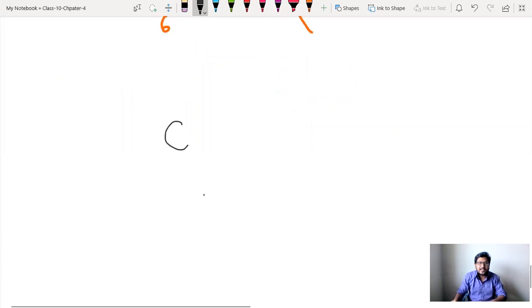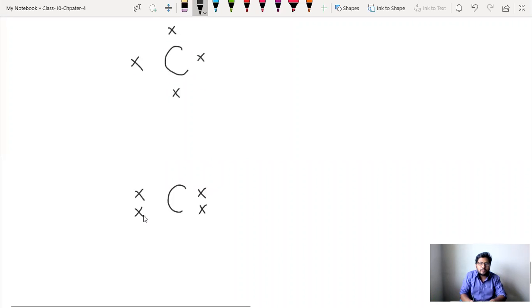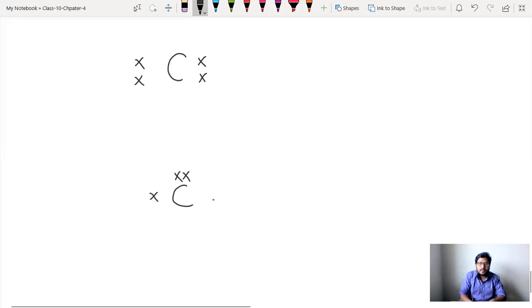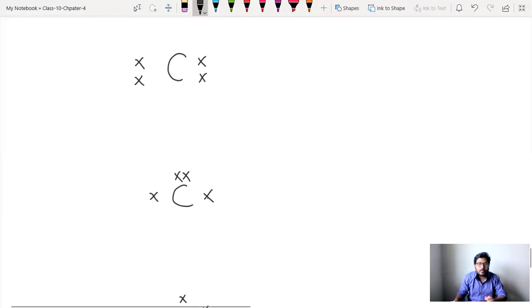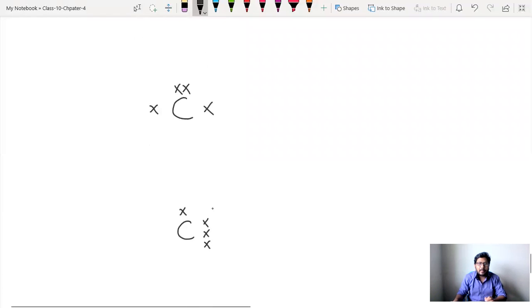How to represent that 4? It's your wish. You can represent like this: carbon with 1, 2, 3, 4 dots, placed in different ways around the symbol. Whatever place you represent them in, remember there should be minimum 1, of course 0 also, and maximum 3 electrons on one side.